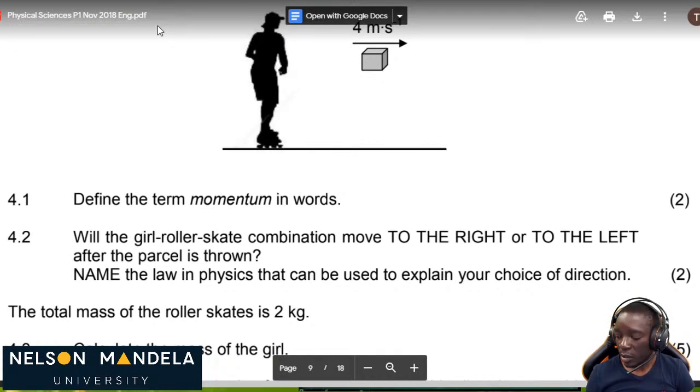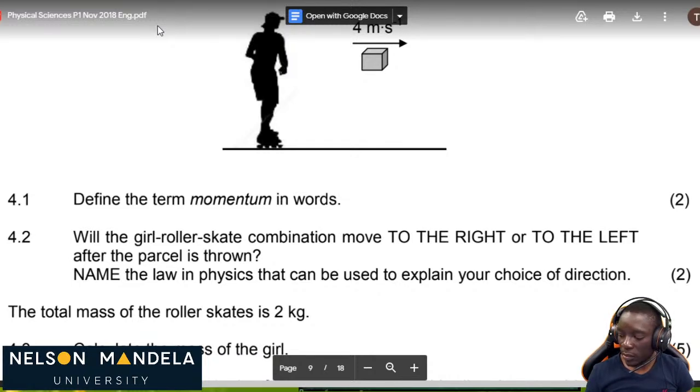So the principle of conservation of momentum will tell you that the total initial momentum is equal to the total final momentum in a closed system. That's a system in which we don't have any external force or any net force.